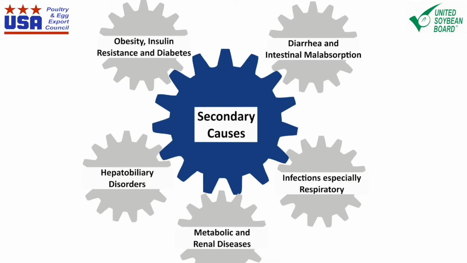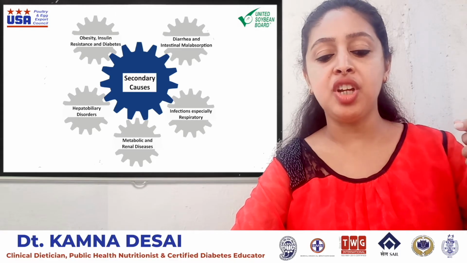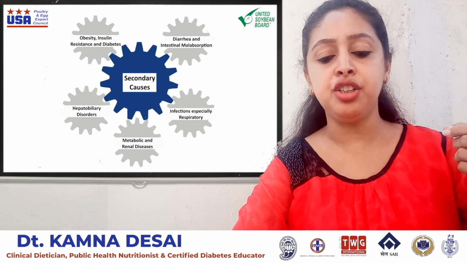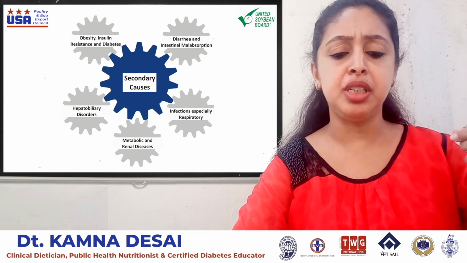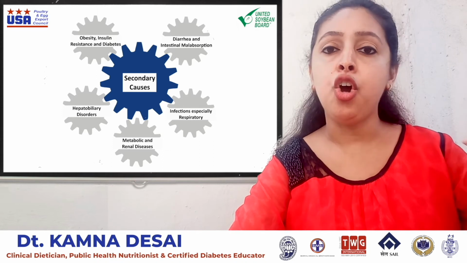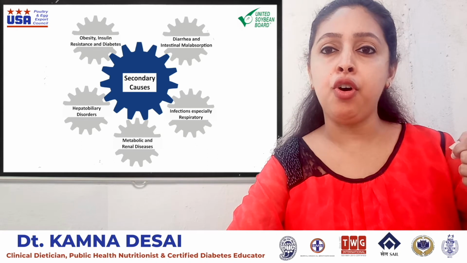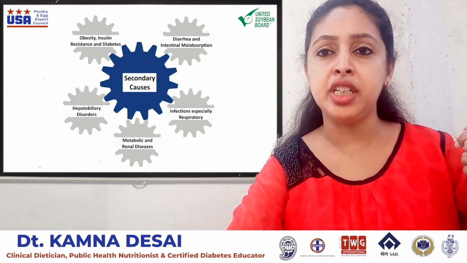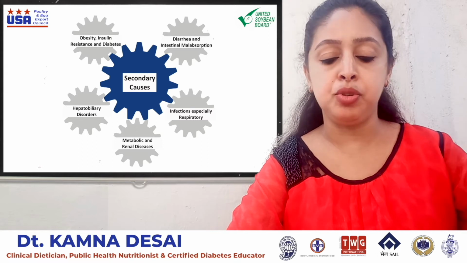Talking about secondary causes of protein insufficiency, where you were able to overcome the primary challenge of procuring the right nutrition for your needs, but still suffer from insufficiency because of certain intrinsic or limiting factors. So the first reason for a secondary cause of protein insufficiency would be something like diarrhea or malabsorption.